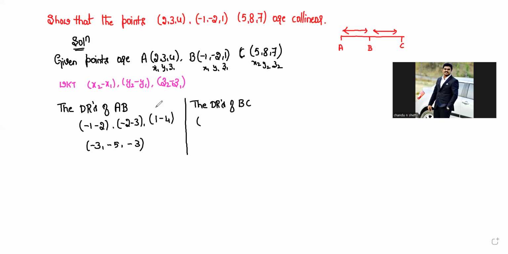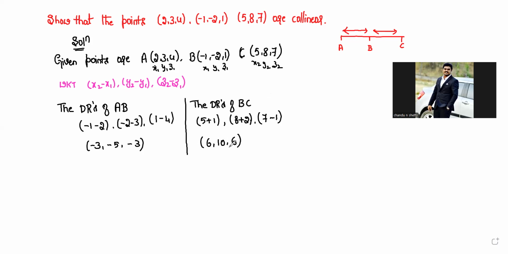Now x2 value is 5, so minus into minus plus, we get +6. And again y2 value is 8 and y1 value is -2, minus into minus plus, we can take 10. And again z2 value is 7 minus 1. Okay. So the direction ratio of BC is 6, and again 8 plus 2 is 10, and again 6 we get here.